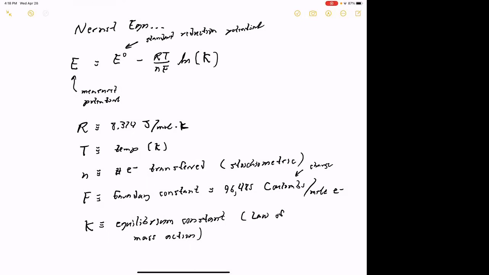Then if I have two half reactions, I'm going to calculate the potential of each half reaction. And then we're going to swing back around and essentially add those up, kind of like we do in Hess's law, to get the overall cell potential. So that's kind of the game plan.